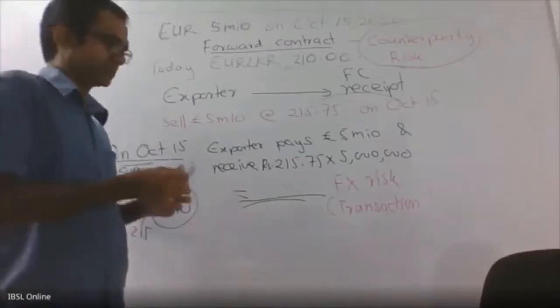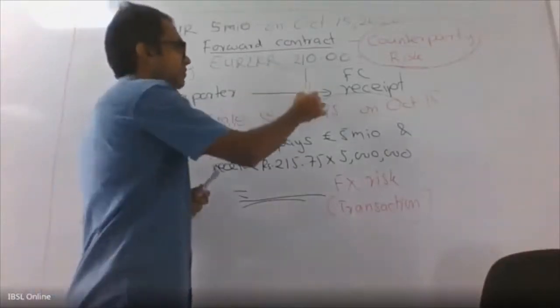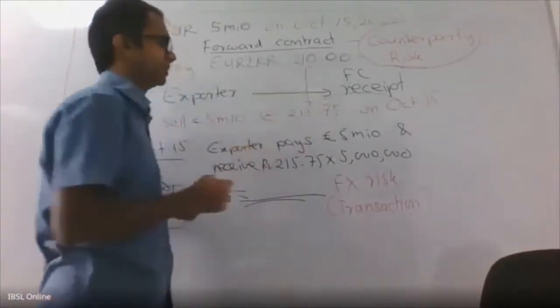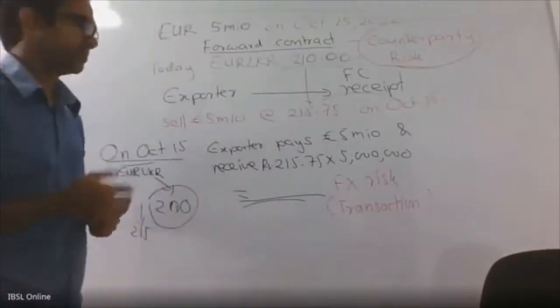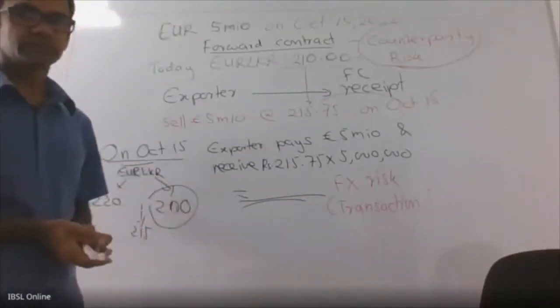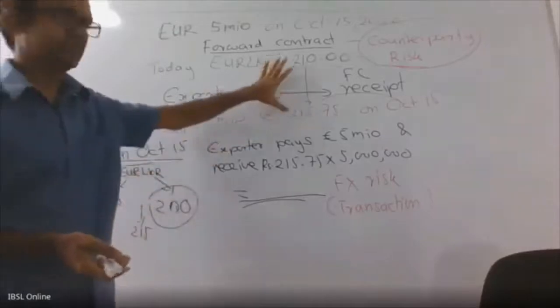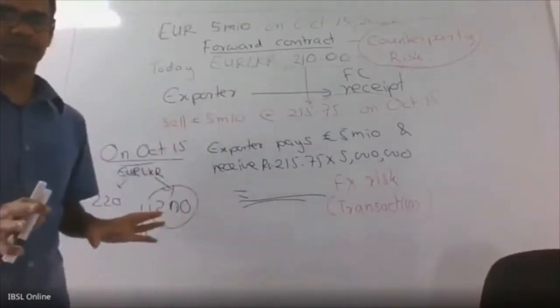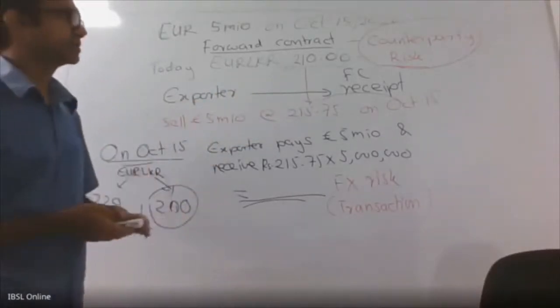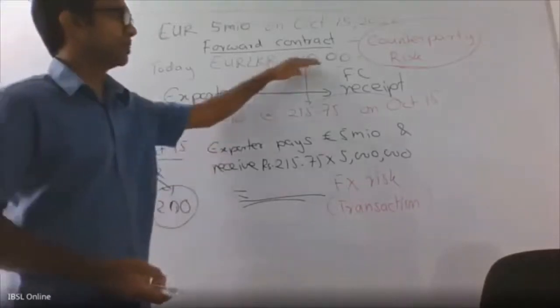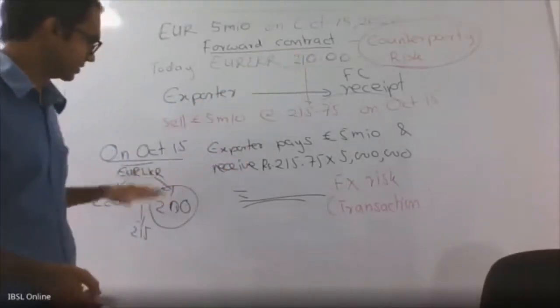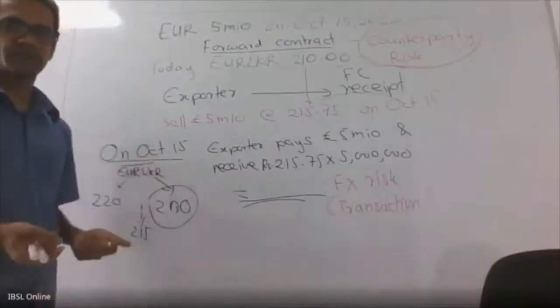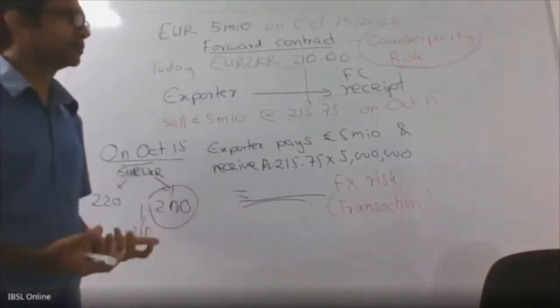And some may say the difference between 210 and 215 is the premium the bank pays to you. Why? That is just the interest rate differential. If you hold this rupee amount of 210 for 3 months until October 15, what is the interest that you could have accrued on that?